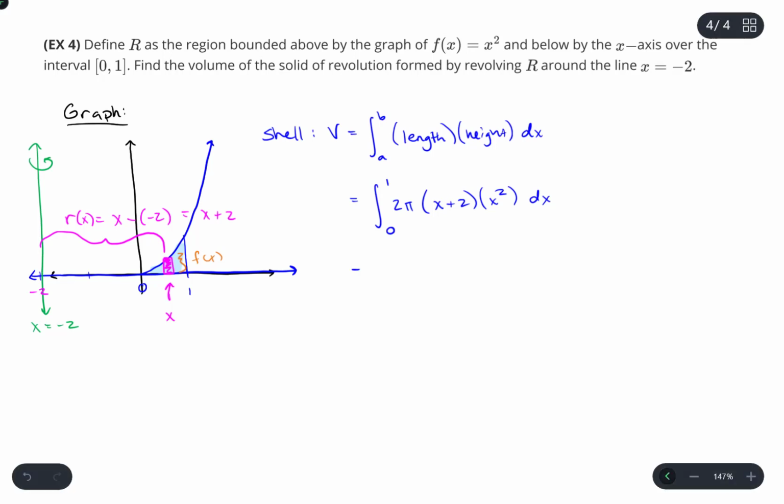All right, so simplifying some things here, I'll pull out the 2 pi, and I could distribute x squared into these parentheses and get rid of those parentheses and say this is x cubed plus 2x squared dx. Now the actual integration I'll just leave up to the function f(int) in the calculator.